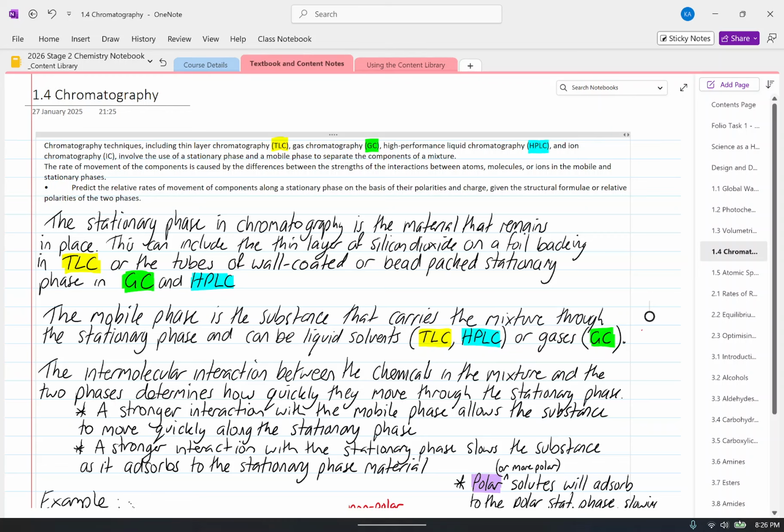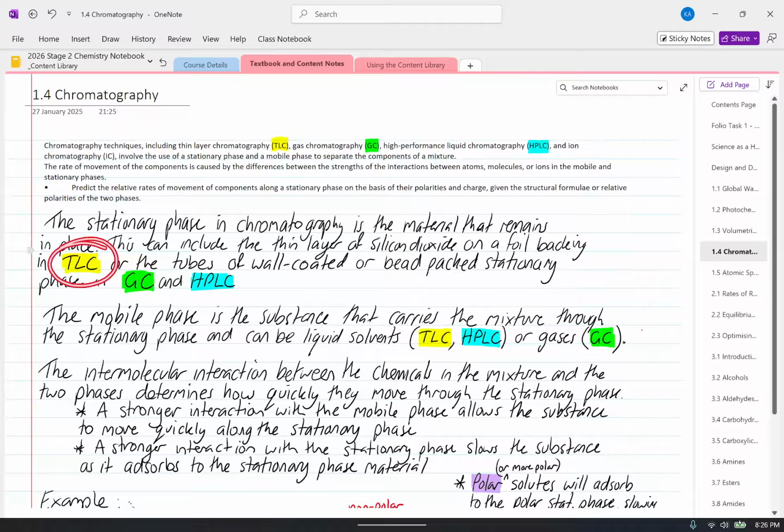Now, the stationary phase in chromatography is the material that stays in place, and the mixture that we're moving through it will pass through and interact with it. Depending on the specific technique, it will take a different form.